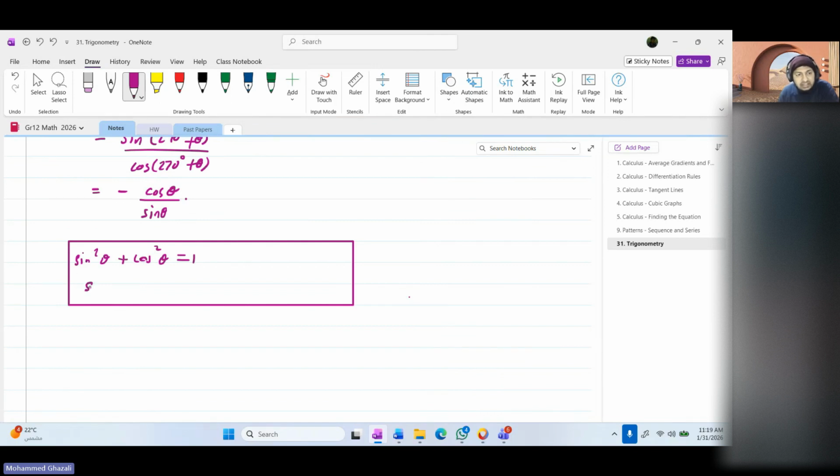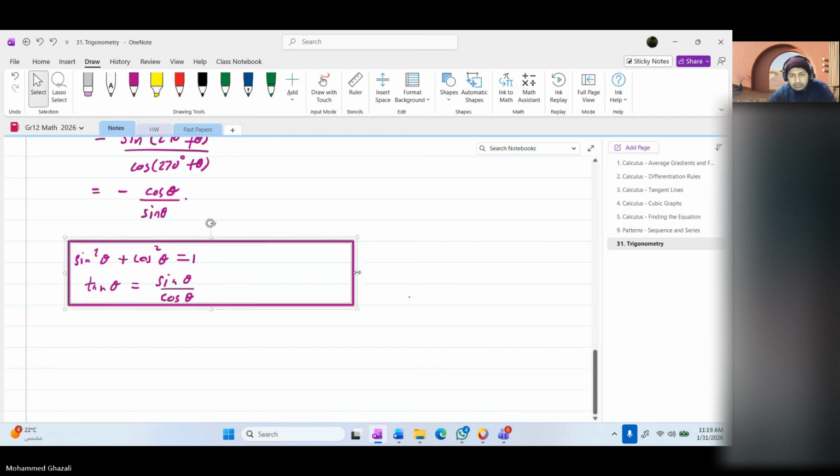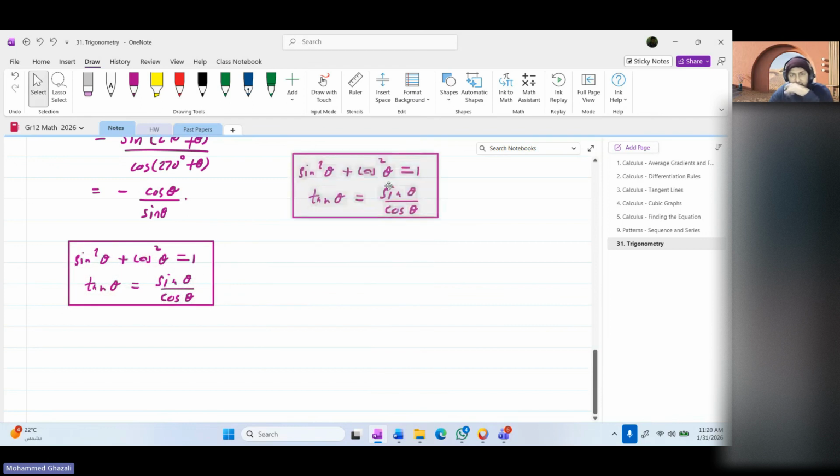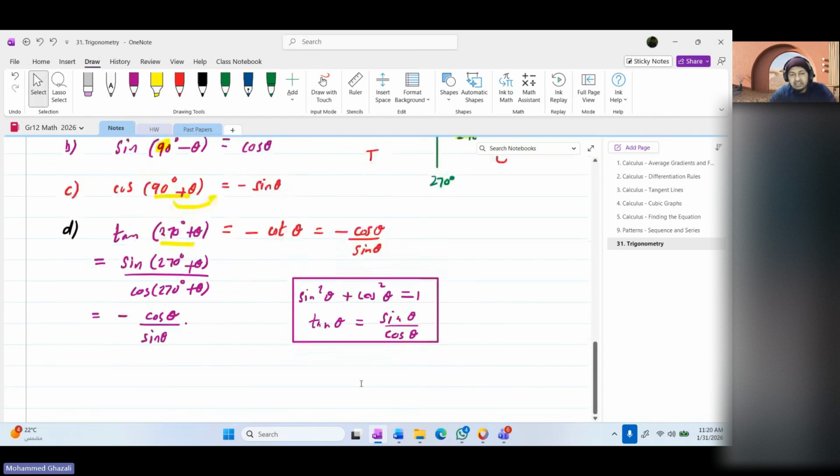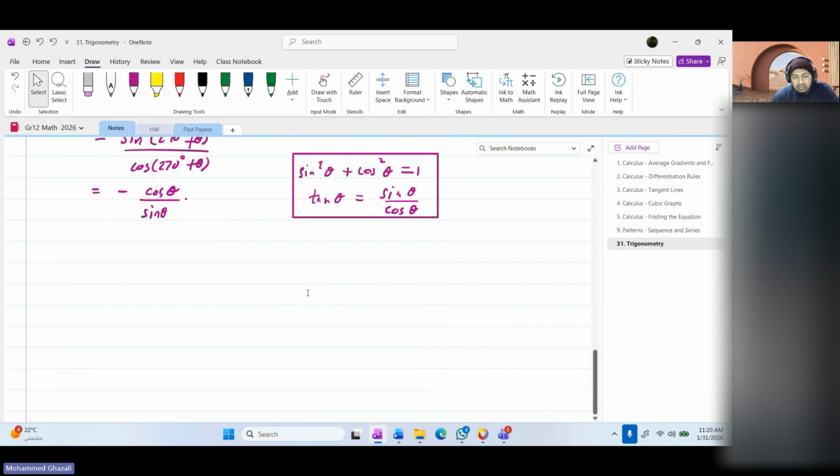And you also know that tan theta is sine theta over cos theta. You need to know that, and obviously all the possible arrangements of this. What I mean by that is like, what is 1 minus cosine squared? It is sine squared. So you need to know these as well.